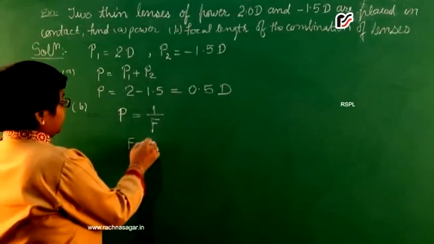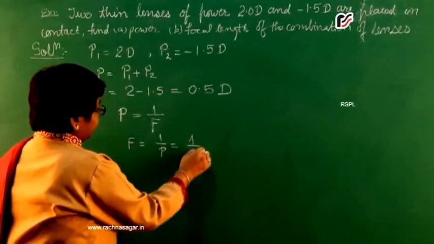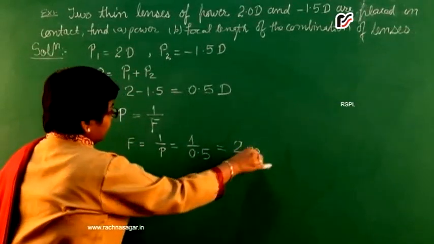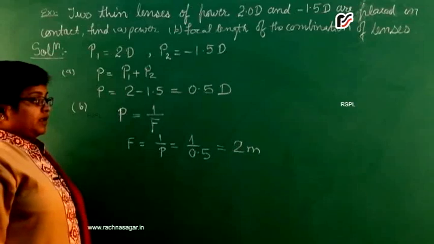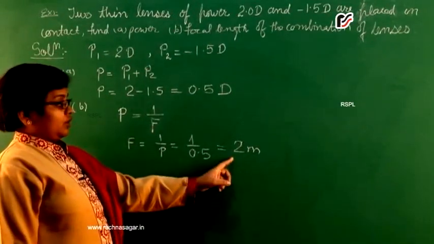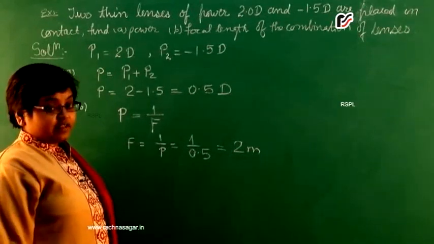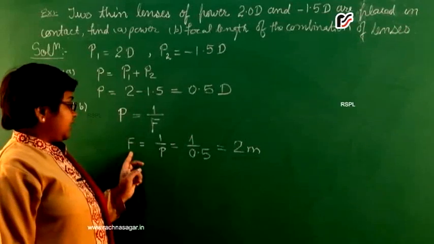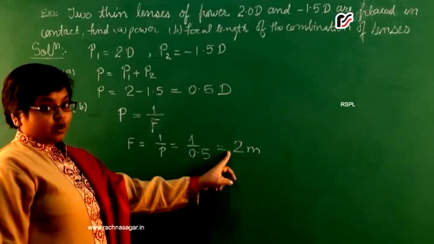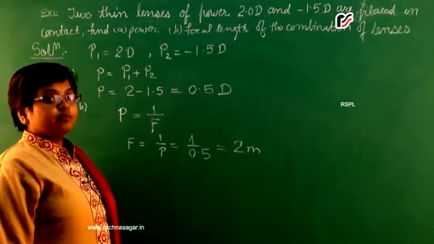So, f equals 1 by P, that is, the combination of lenses behaves like a convex lens of focal length 2 meter. Why a convex lens? Because the equivalent focal length has a positive sign, that is, the combination behaves like a convex lens whose focal length is 2 meter.